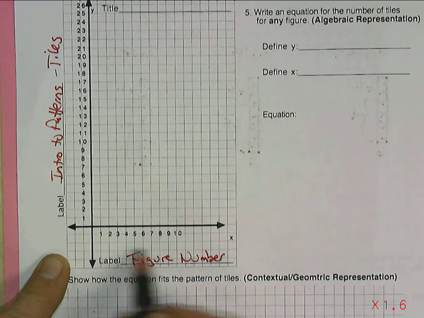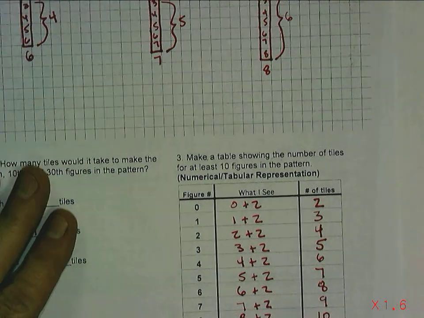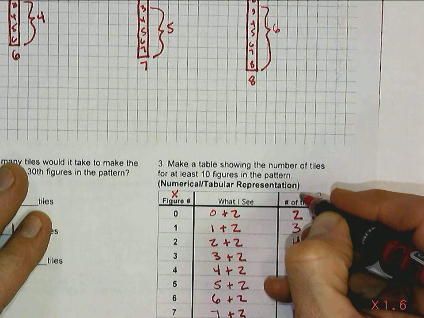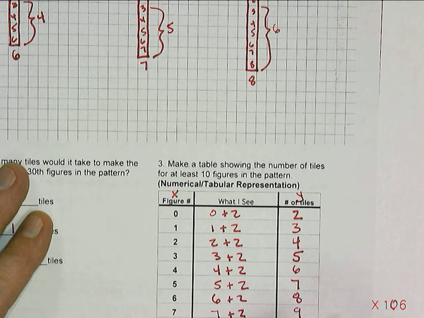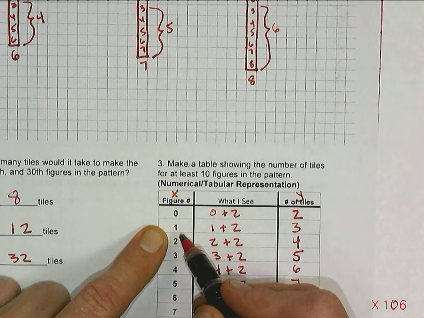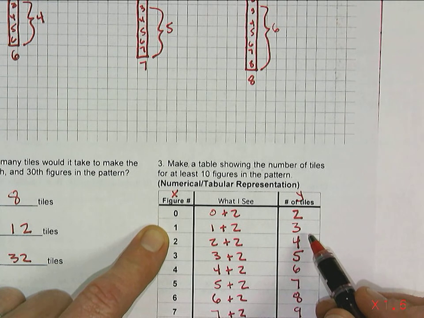So if we think of the x-axis always as the figure number, in other words, if I look at this, the figure number is x. Now we're going to start getting a little algebra in this, and the number of tiles is y. In other words, I start with a figure number, and when I start with a figure number, then I use that to find the number of tiles.